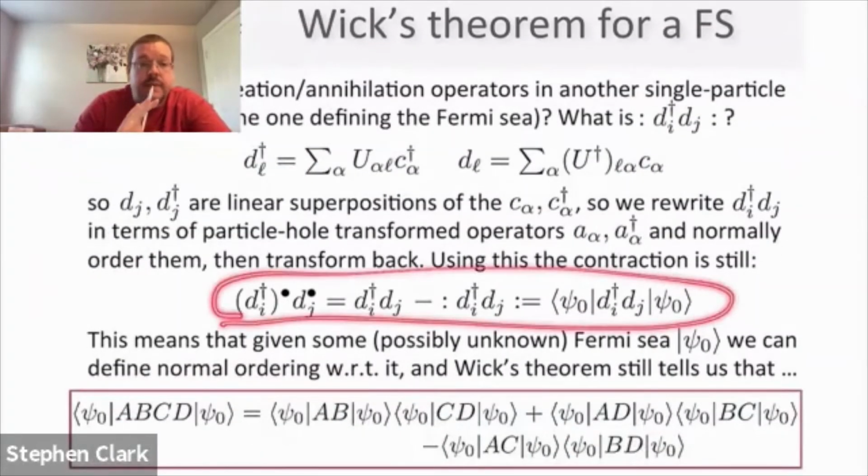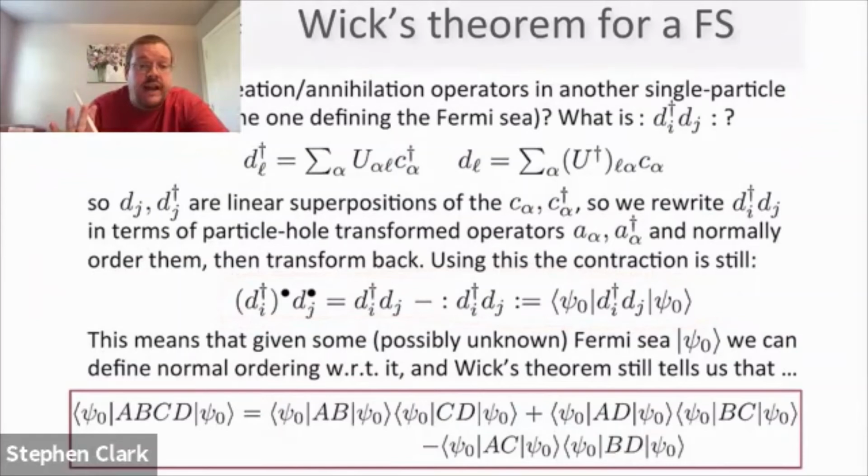For any creation or annihilation operators, the contraction of them is the difference between them and their normally ordered version, which is equal to the expectation value of that pair of operators on the quasi-particle vacuum, even though the D operators are not the same operators that define the quasi-particle vacuum itself.